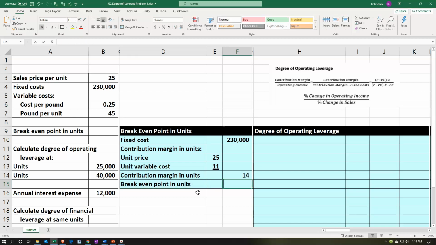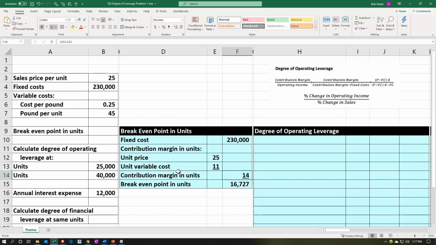And that's going to be equal to the 230,000 divided by the 14 to give us the 16,727. That's how many units we would need to produce in order to break even. Now we're going to be considering these two points, 25,000 and 40,000, both over the minimum of the 16,727 in order to break even. Let's put an underline here, Home tab, font group, underline.